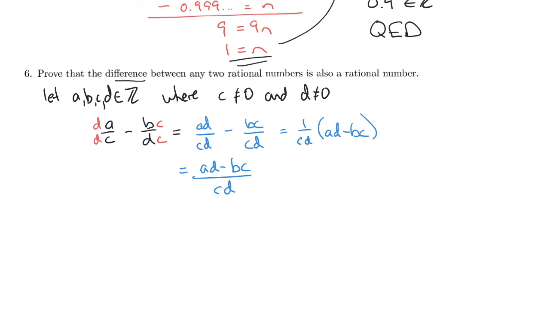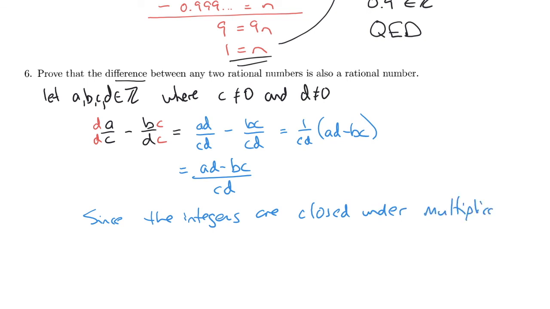So since the integers are closed under multiplication and subtraction, I know we've talked about that a little bit before, we know that AD minus BC is going to be an element of the integers.